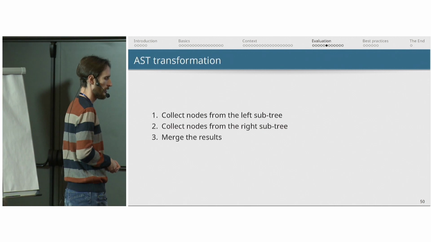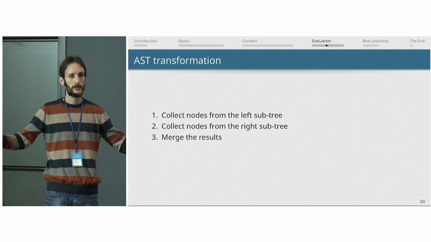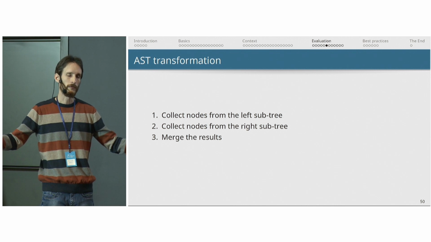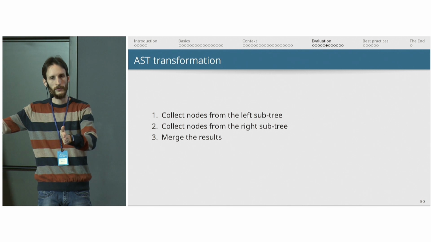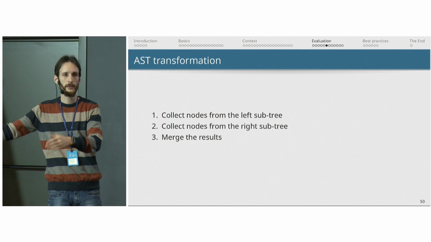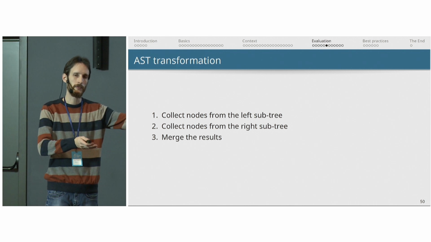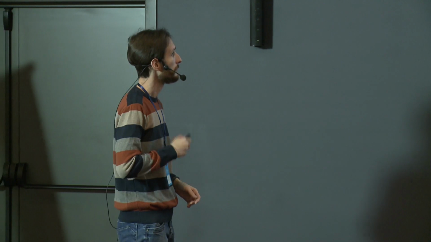So what's the idea? If we have a tree, the easiest way to flatten it out is to recursively collect all the items from the left subtree, all the items from the right subtree, and then just merge them. And we can do recursion during compile time as well, and pretty tree recursion.